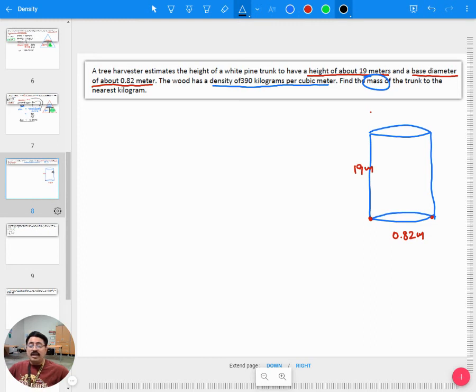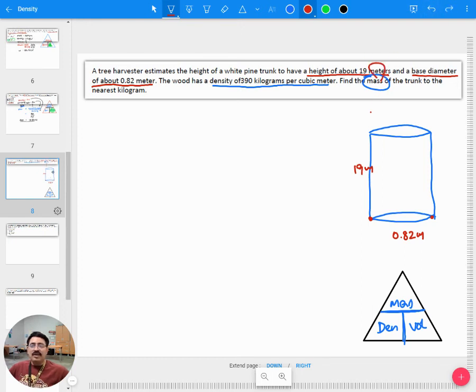We have to take a magic triangle, which I'm drawing at the bottom. Really quick, here I'm writing all the rules. All of you know that density equals mass per volume, right? This time you are asked to find the mass.